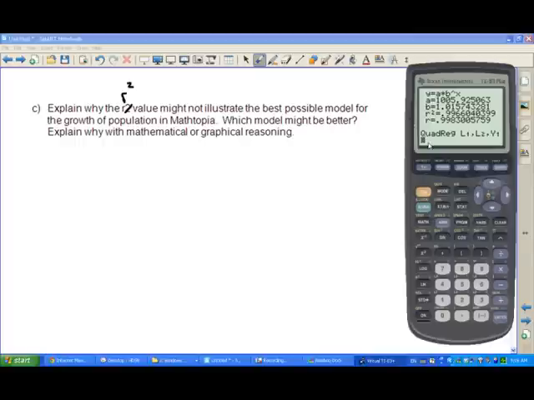What this command is going to do is perform the regression on list 1 and list 2, and save that equation into y1. If I look at my y equals functions, you can see now I've got an equation saved in there. And if I press graph, I can watch that equation get graphed, and it's going through all of those points.